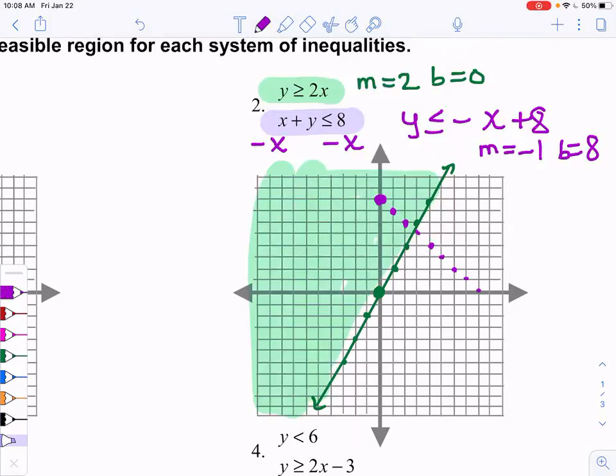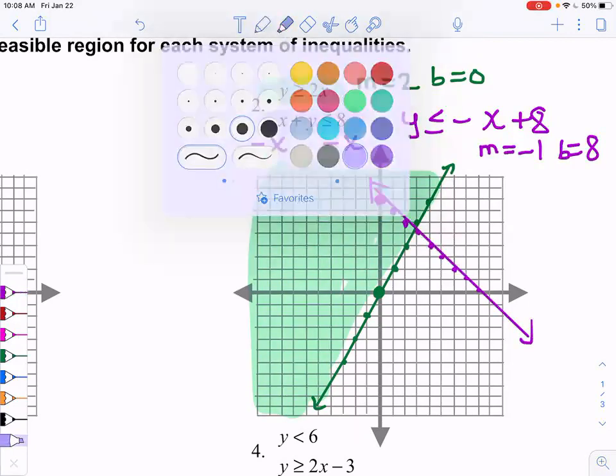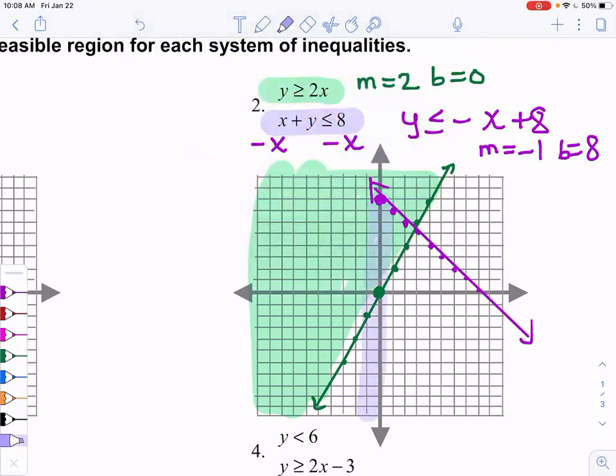Another solid line, less than or equal to. Less than is below, so go to a point on that line and shade below the entire line. That's a really big section where we're shading below.